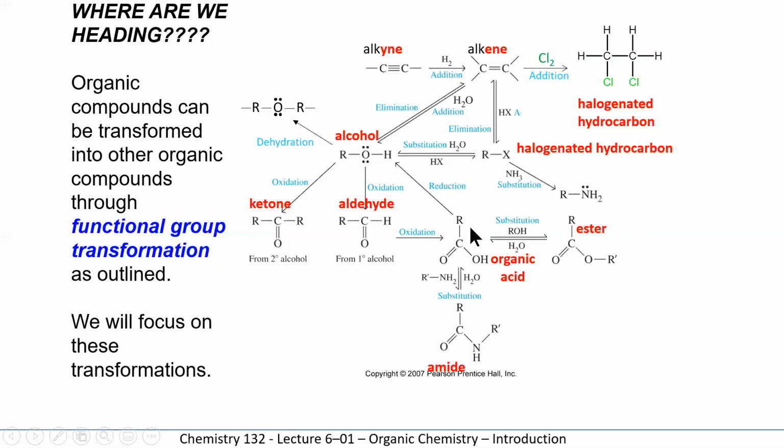We can also take our organic acid and add NH2 groups to it using ammonia or other amino-containing compounds and make amides. So that's what we're going to be covering essentially in the next couple of lectures, all these transformations. Now, you will be allowed to use a sheet for your final exam that basically summarizes all these.